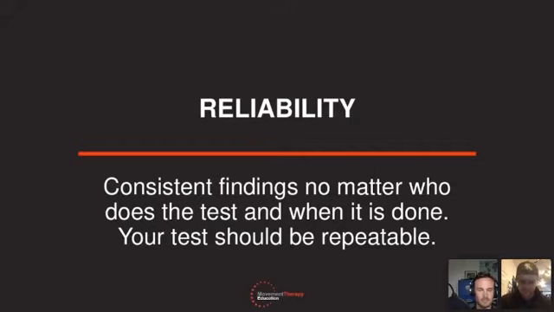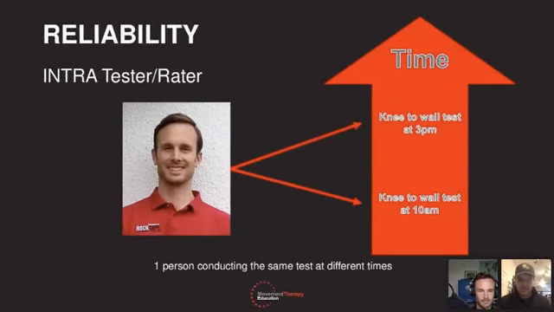So I'm just going to give you an example. We've got Dan there doing it. I don't know whether you were expecting that, but there are two types of reliability. We've got intra-tester or intra-rater reliability, and so I've just done a test, the knee to wall test, and we're going to talk a little bit more about that later on.